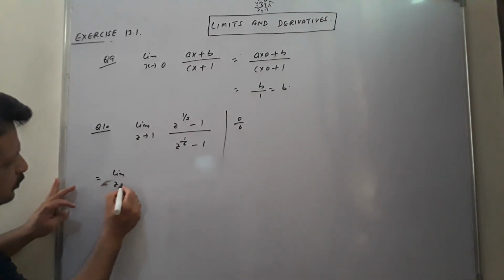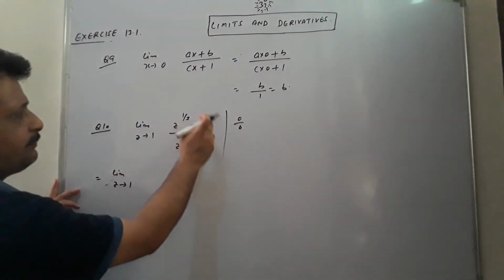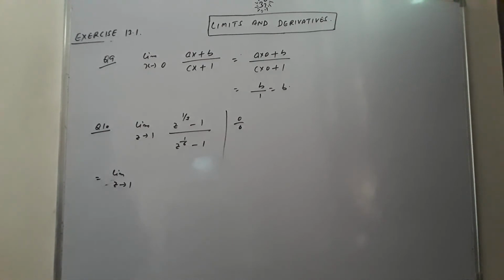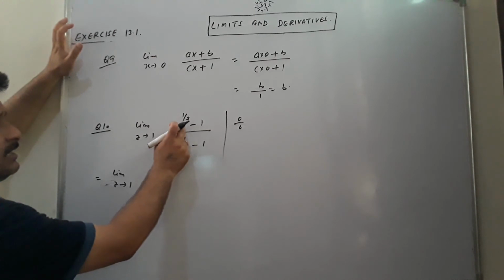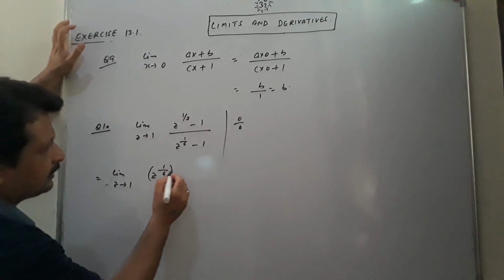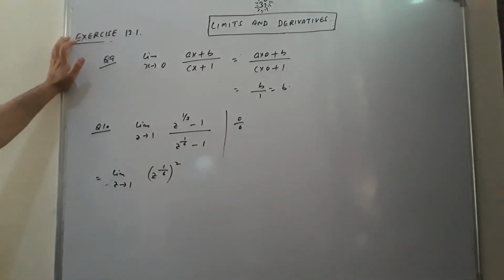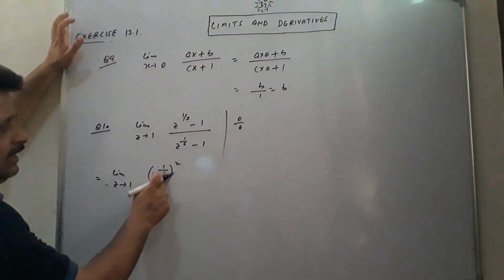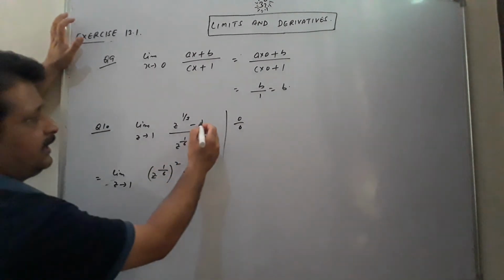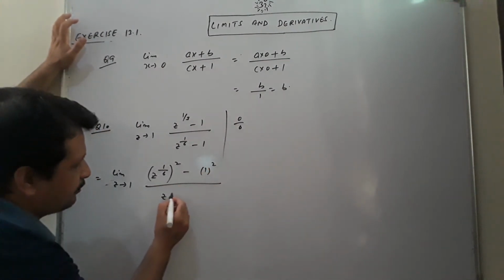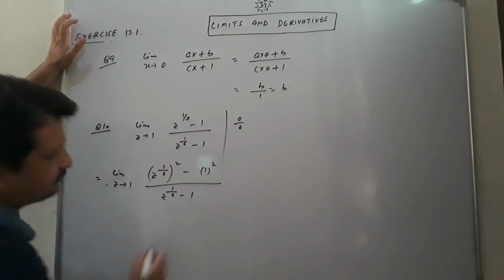Now I have to think, students, maybe I can split the middle term, what type of factors we can make here. Now here we will make the change in this part. How? z to the power 1 by 6, its whole power 2 I have taken. If I write it in this form, because its power is 2, again 2 will cancel, you will get the same value, and here 1 we can write as 1 square, and in the denominator z to the power 1 by 6 minus 1.